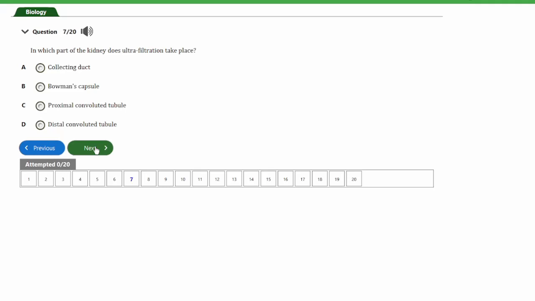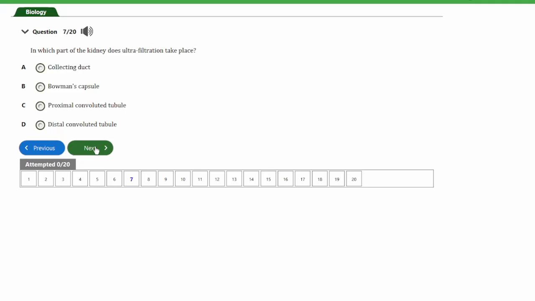So remember that the ultrafiltration is the first step in urine formation. The ultrafiltration will definitely take place in the first part of the kidney, and that's the Bowman's capsule. So guys, the collecting duct is actually the last part of the kidney nephron, and that's not where ultrafiltration takes place.